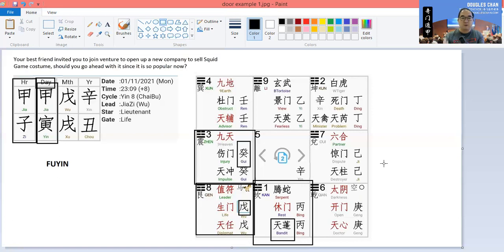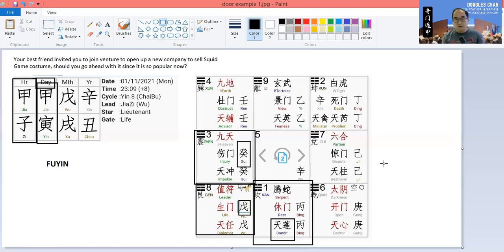But after a while, because the whole Squid Game is actually a very short span of time in terms of the enthusiasm, it will be like a spike. You know, the interest will go up and then after that it will go down all the way. So in this case, it might not be a very interesting venture to go into.